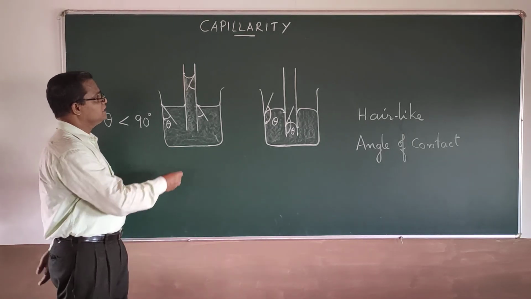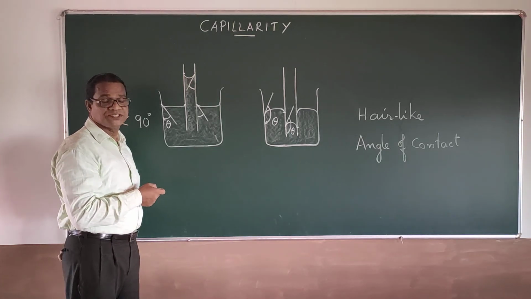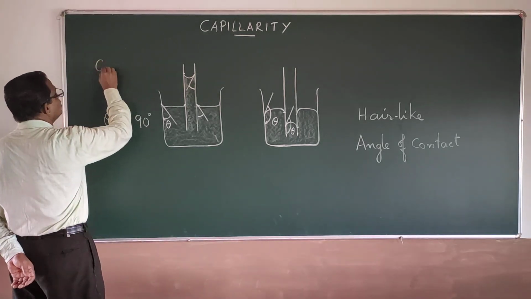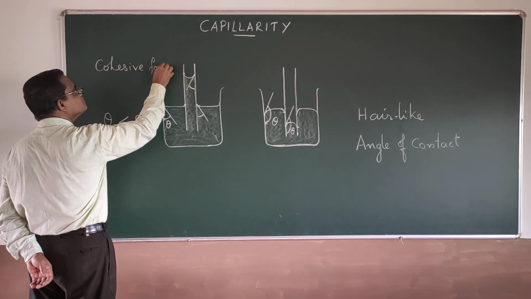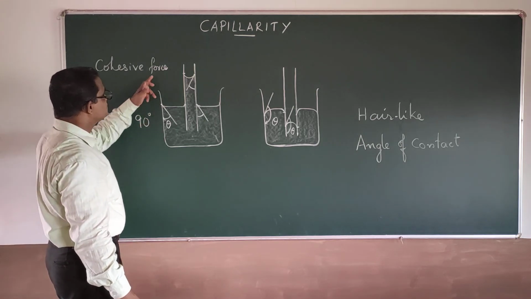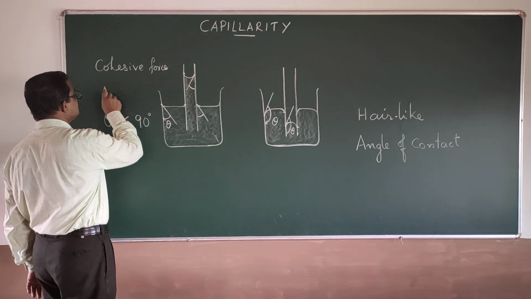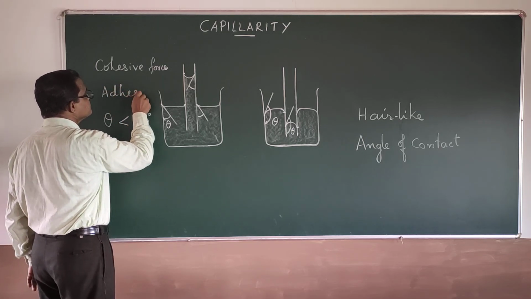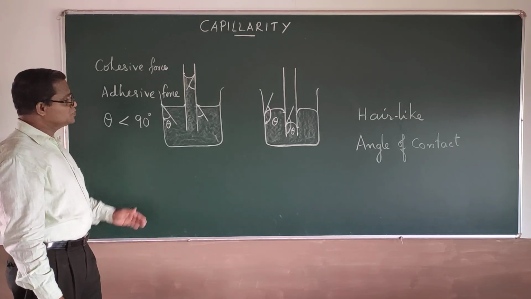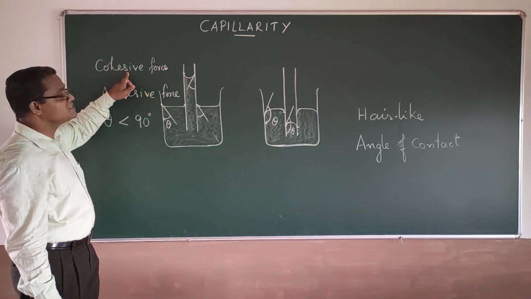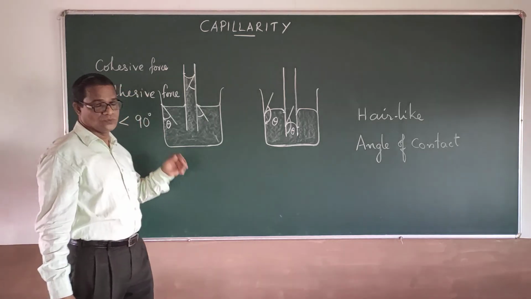And also you can see the force of cohesion, the cohesive force, is found to be less than the adhesive force. So in this case, cohesive force is found to be less than the adhesive force.